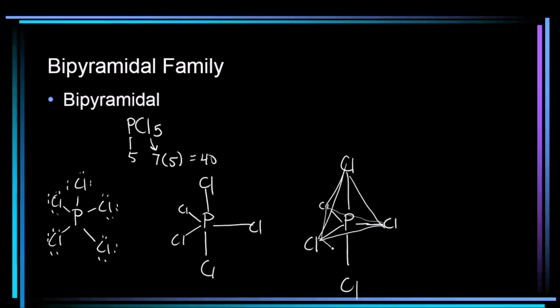Okay, there's another tetrahedron glued down to the bottom. So how many sides does this thing have? Two tetrahedra with a triangular base, 6 sides. 1, 2, back here's 3, in front 4, back here's 5, 6. 6 sides. Okay? 6 sides. A bipyramidal.